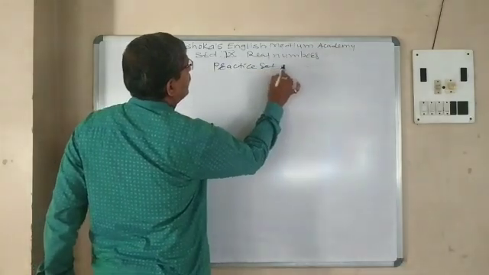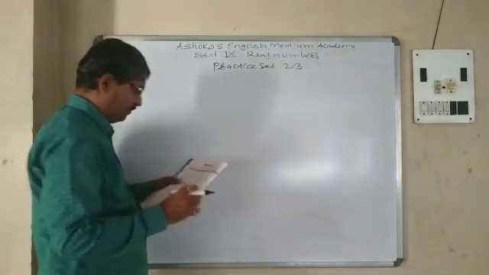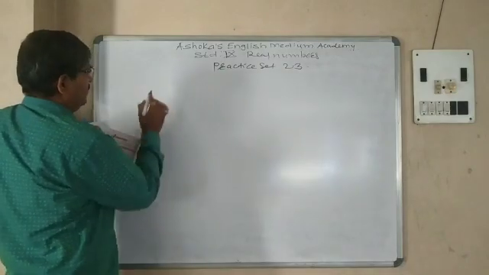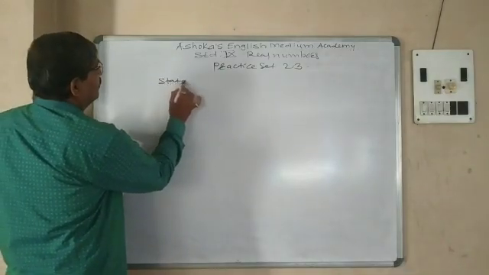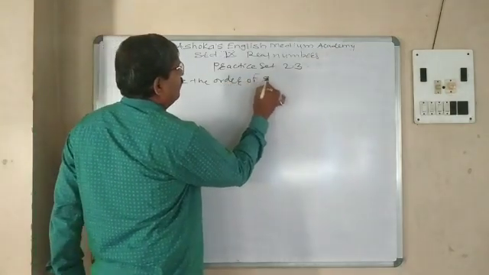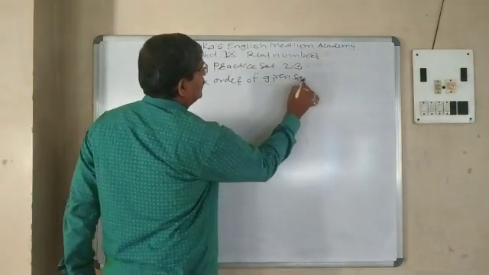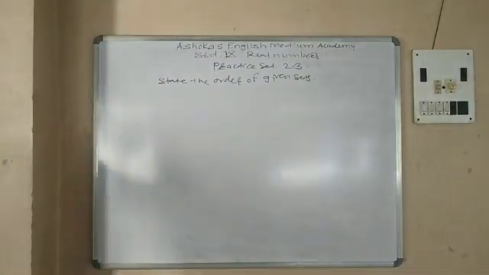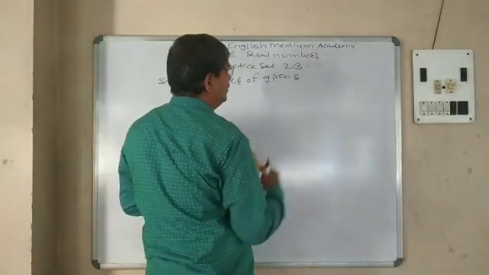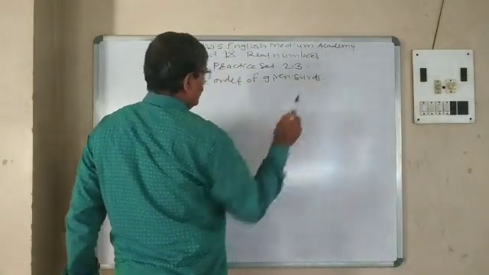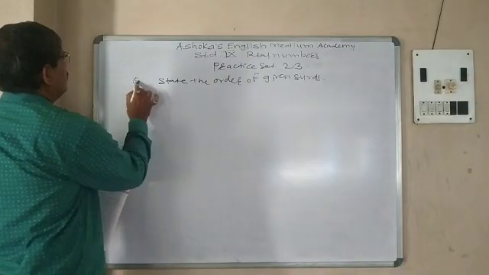Practice set 2.3. First question, state the orders of the given surds. This is question number 1.